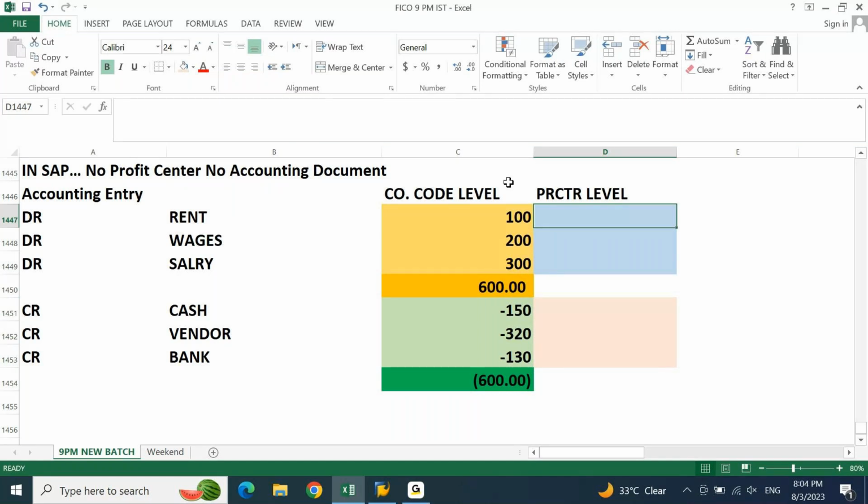Let's say here I'll put cars. Here also I'll put cars. Here also I will put cars. Everywhere I'll put cars.